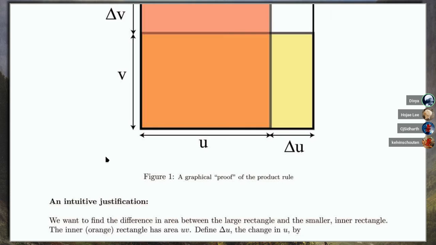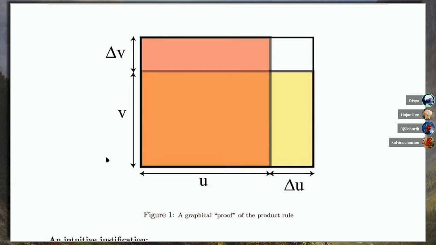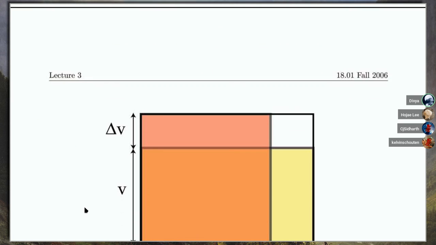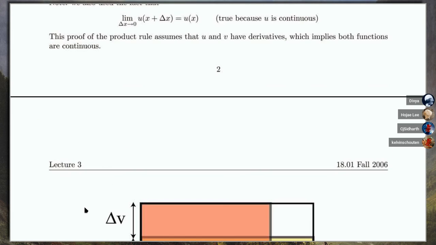Now the goal is to show the area. Let's consider the area covered by v and u, this orange rectangle.